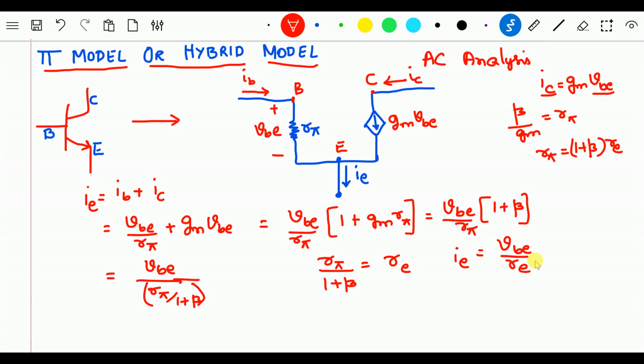So this is one thing which you need to know while deriving for the pi model when you are considering a BJT transistor. One more thing I can say is that IC was GM into VBE. This can also be written as beta times IB.